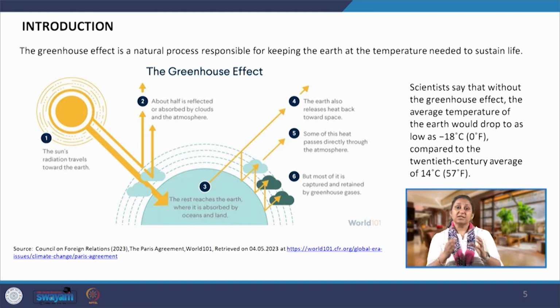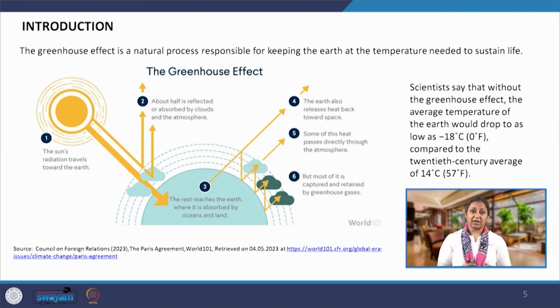Since earth has an atmosphere and it has the greenhouse gas effect, that is why life has been possible on earth. So, the greenhouse gas effect is not negative, it is not a bad thing, that we have to clearly know. Life on earth is possible only because of this atmosphere and greenhouse effect.